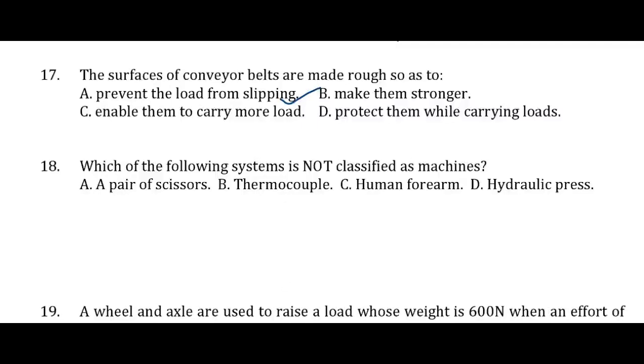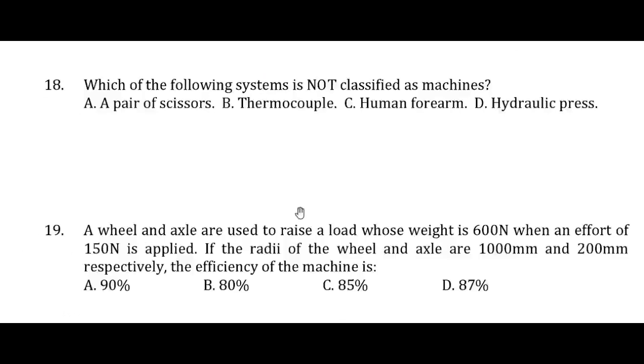Question 18. Which of the following systems is not classified as a machine? A pair of scissors is a machine. It's a lever, a compound lever. Thermocouple is not a machine.